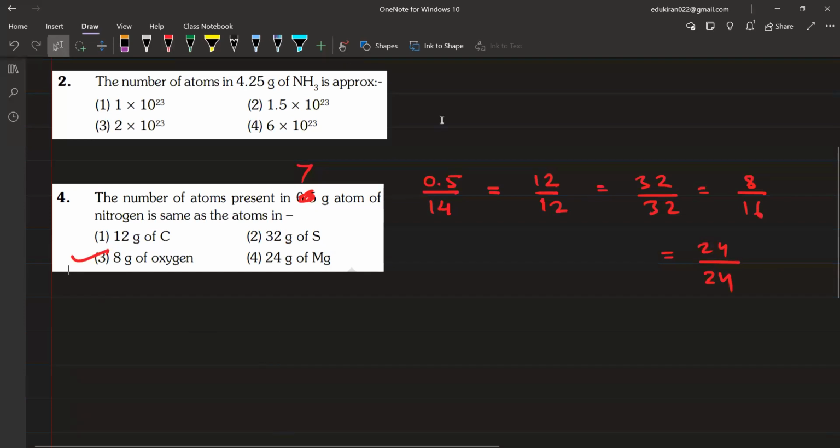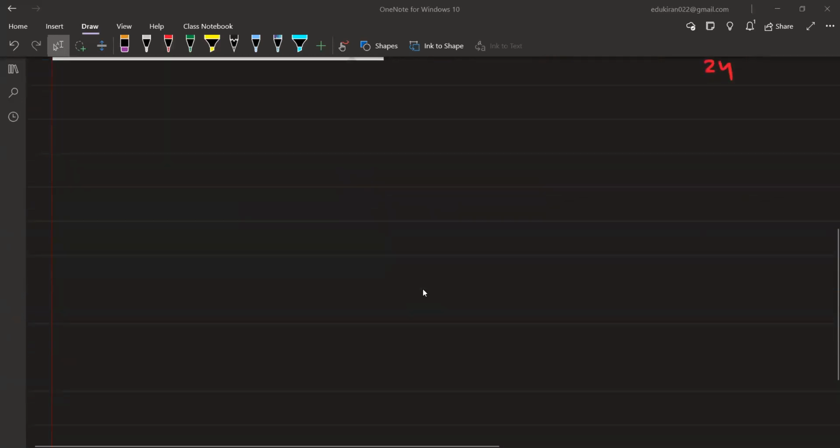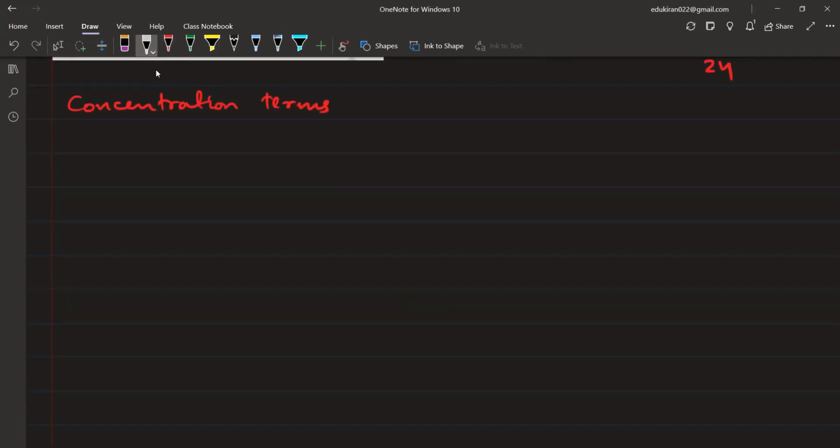Okay. In today's class, we will be doing questions on concentration terms. The concentration terms that we have to understand are molarity.